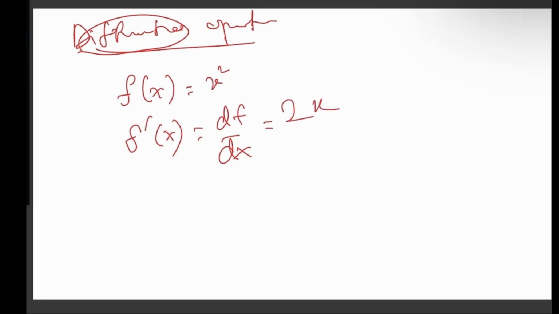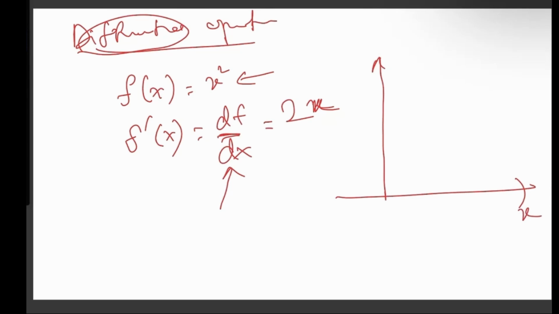Just using differentiation on this function, it will become 2x. This is what we call the differential operator. It means that the variable is differentiated with respect to x. Or in terms of a graph, we can draw like this.